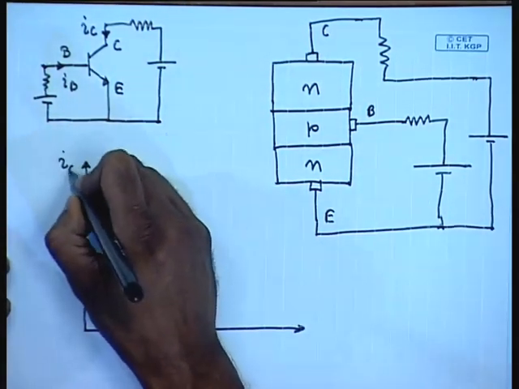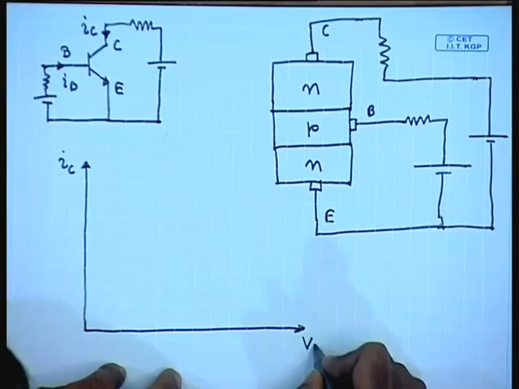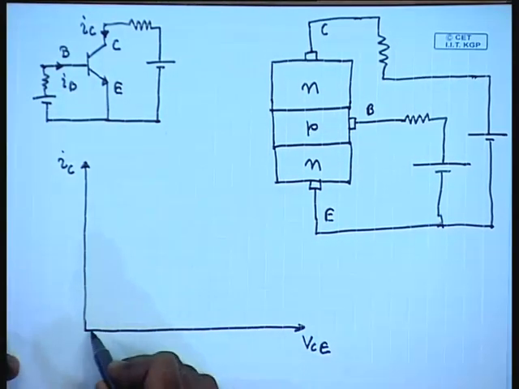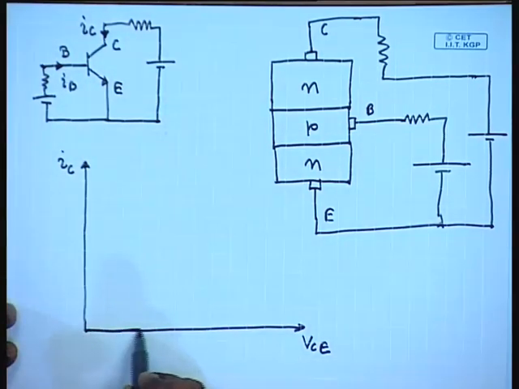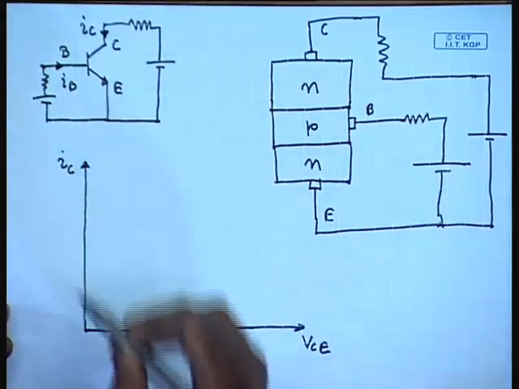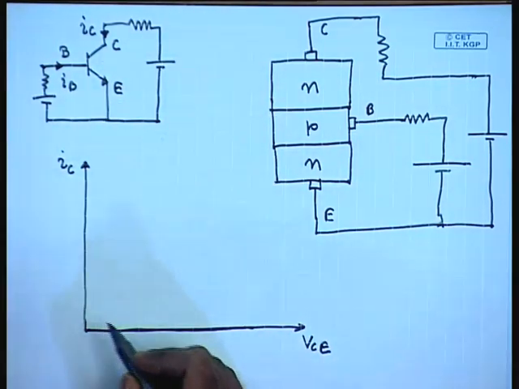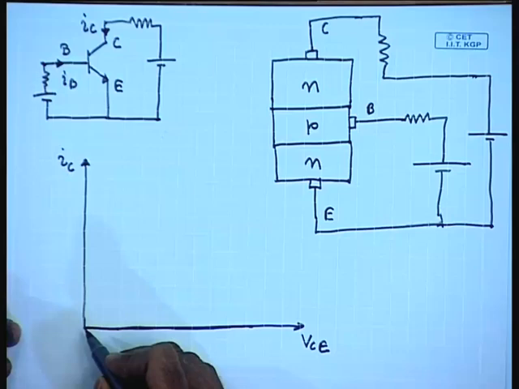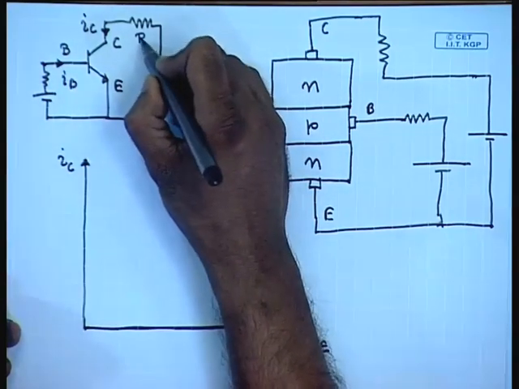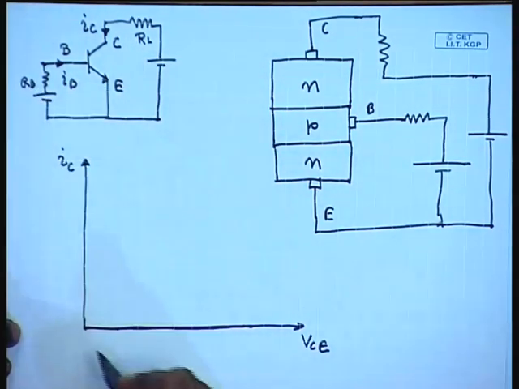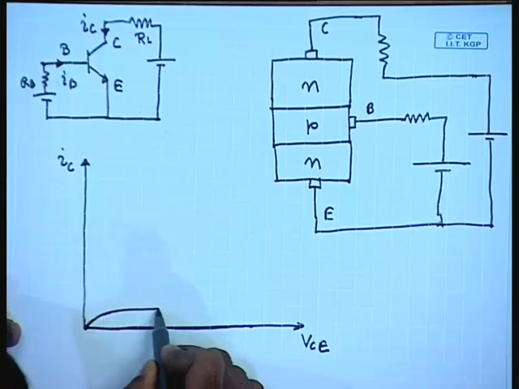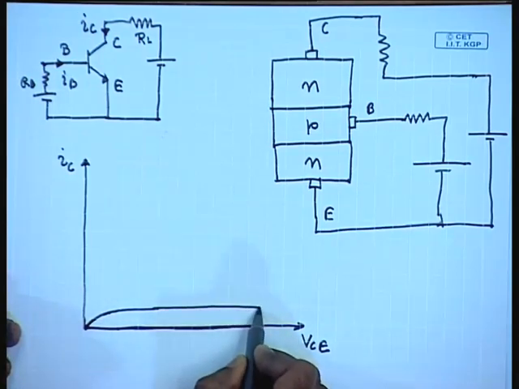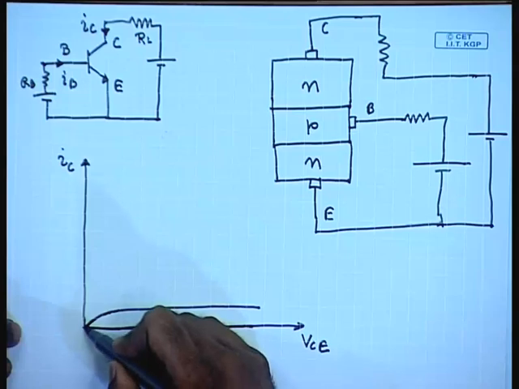If we plot IC versus VCE, when there is no base current applied, the collector current is 0. So, this transistor behaves like an off switch. As we keep on increasing the base current for a given load resistance RL, the collector current starts increasing and then saturates at a particular value for a given base current, determined by the device characteristics.